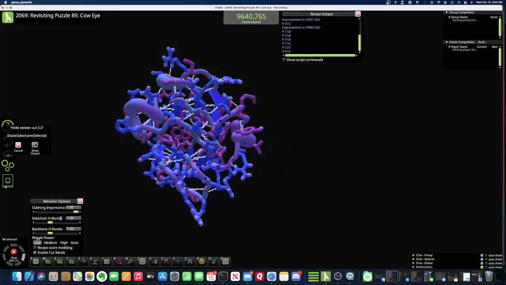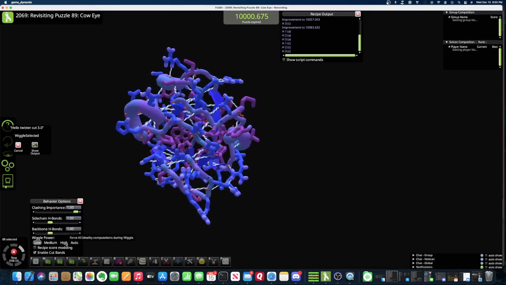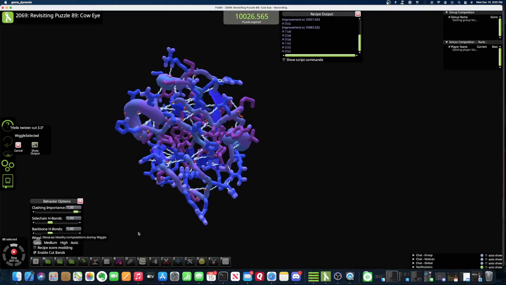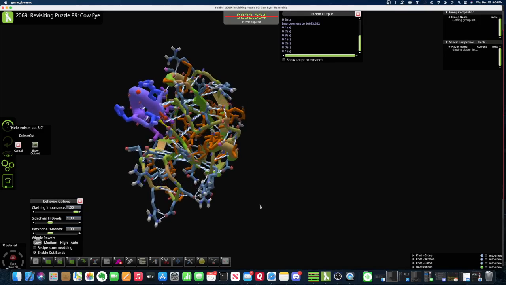So you can see if you hover over low, it says no ideality computations during the wiggle. Medium says it looks at the backbone ideality, and high says it runs every ideality computation it can think of. So no ideality, it just says, let's just pull them around and see what happens.